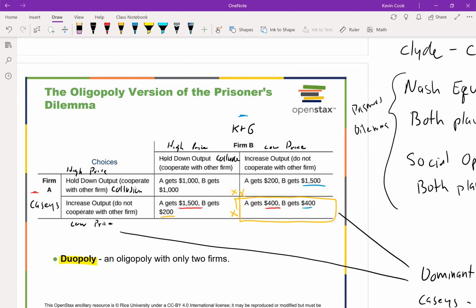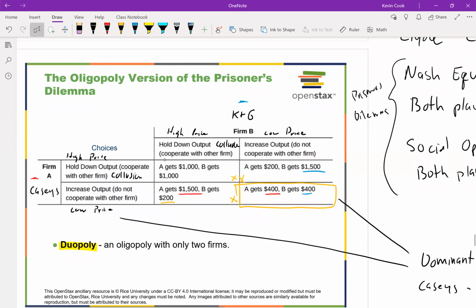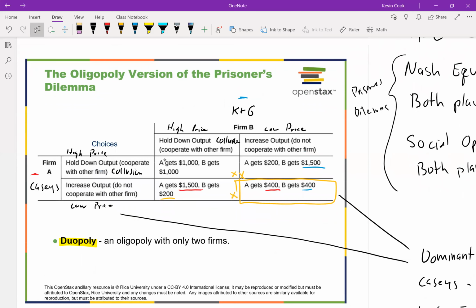So even if I'm willing to collude, I have to trust that the other firm is going to do that as well, which could run into some issues and makes it hard for us to actually do this. So that's our oligopoly, and that's kind of the theory, the theoretical examples.